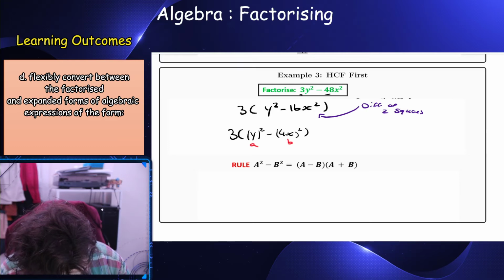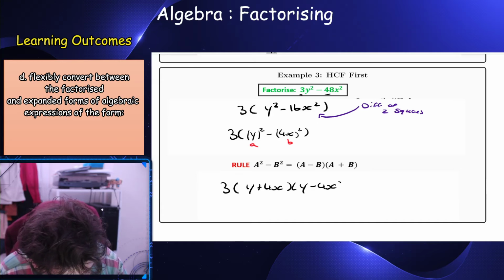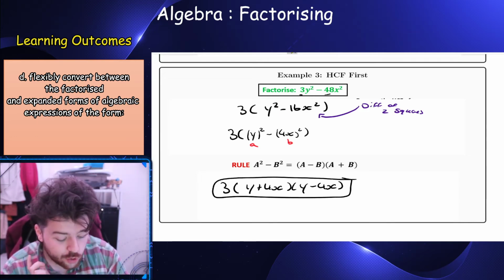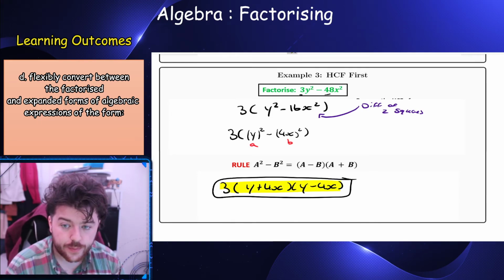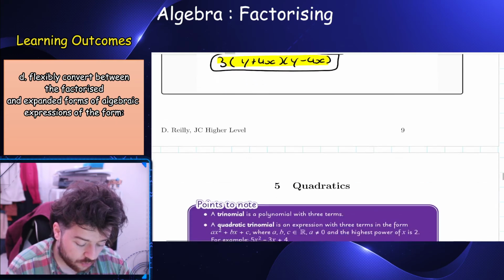A, B, use my rule, so I have 3 times y plus 4x, y minus 4x. And that is my solution. And that's it, fully factorized.